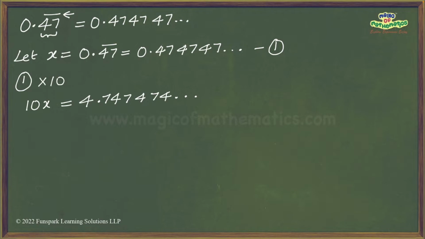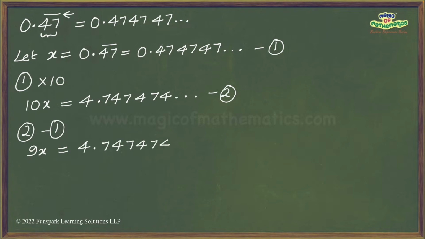If I label this equation as 2 and do 2 minus 1 as before, on the left hand side we will get 9x, and on the right hand side we will have 4.747474 and so on minus 0.474747 and so on.